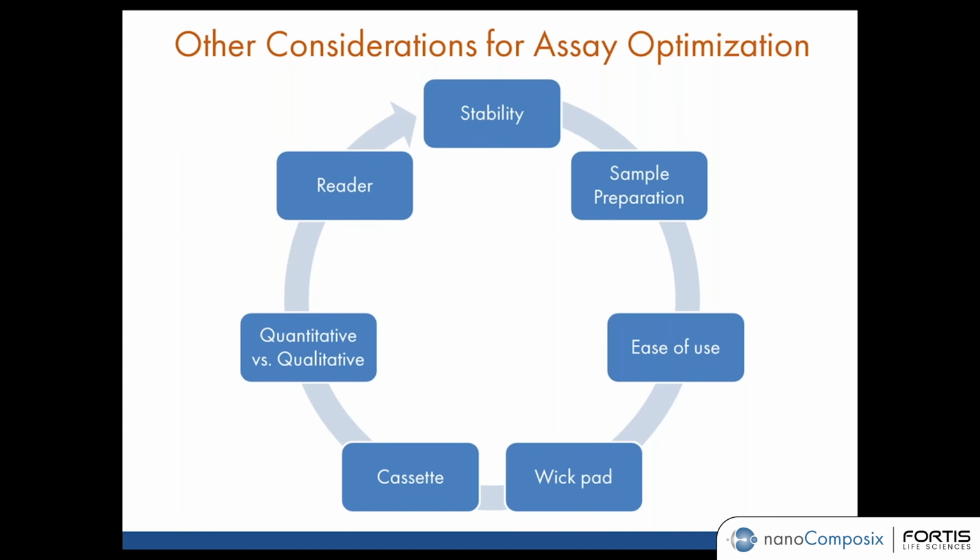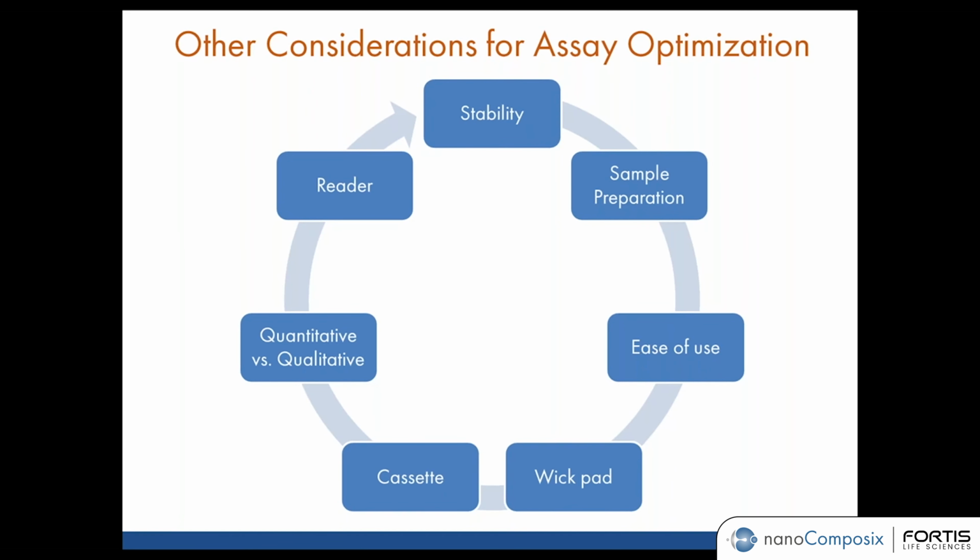We touched briefly on quantitative versus qualitative tests when discussing particle selection. However, it's important enough to reiterate that this should be taken into consideration early in assay development. For qualitative tests, and especially quantitative tests, a reader may be a desirable assay component.